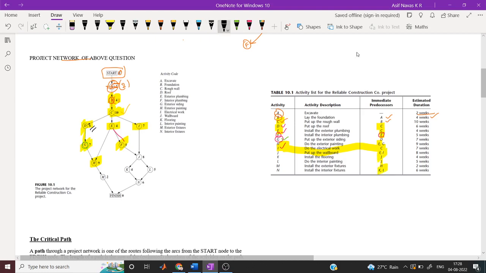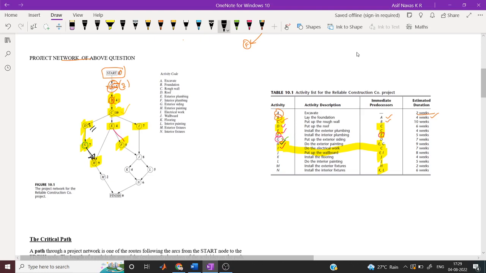Now again, we have to check H. H has immediate predecessor E, and H also has G, so G is also an immediate predecessor of H.